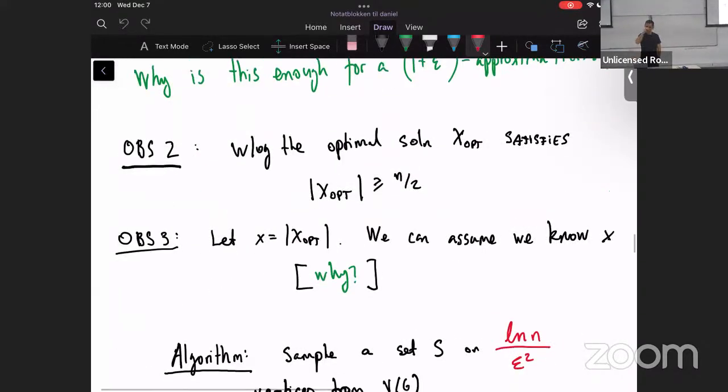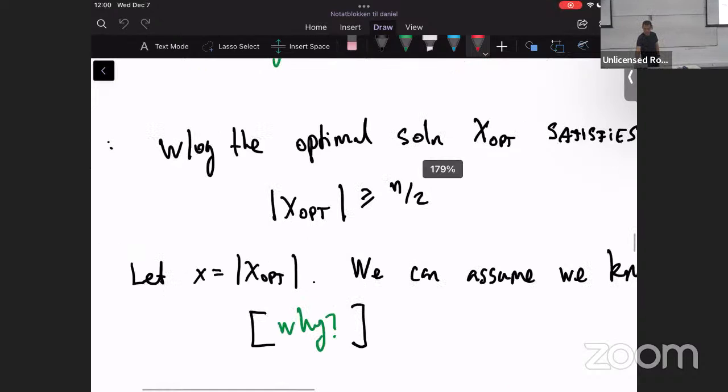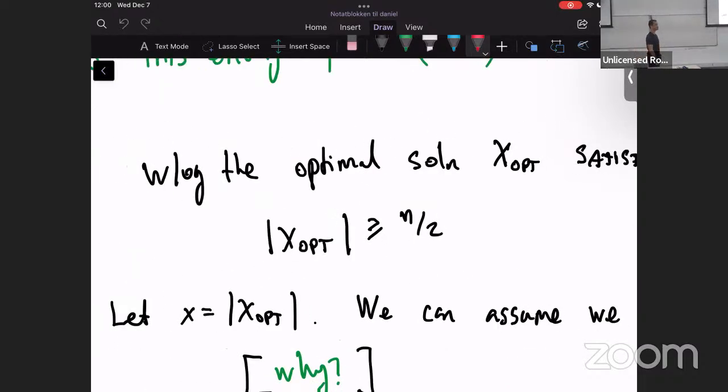Without loss of generality, the optimum solution X opt satisfies that the size of X opt is at least n over 2. Why is that? Exactly.